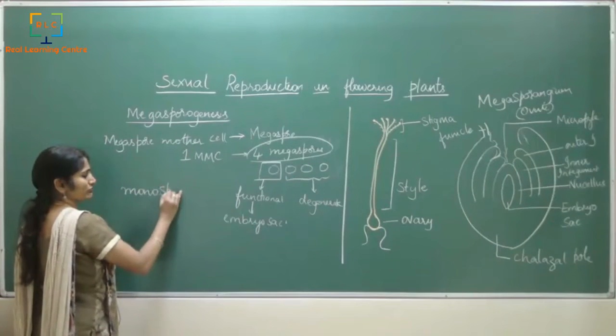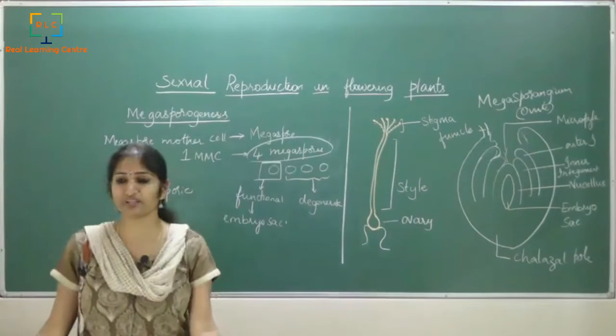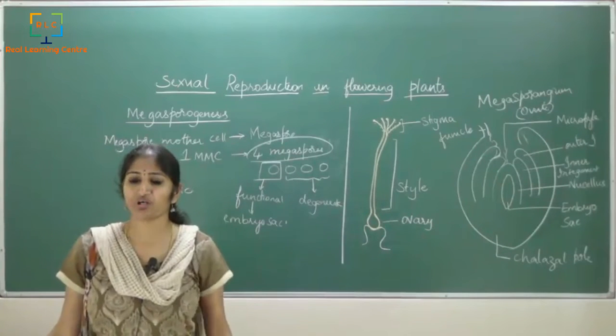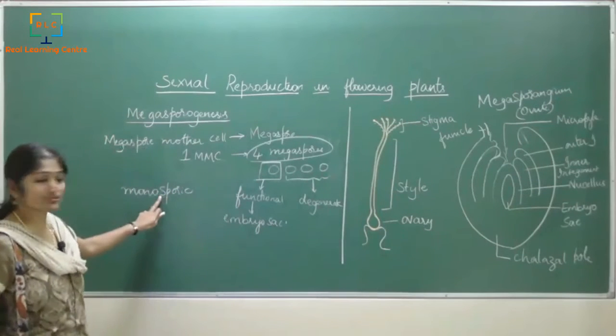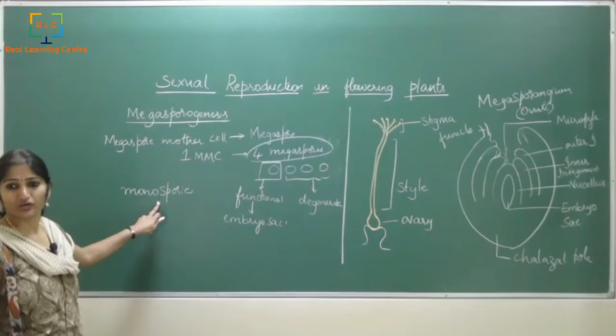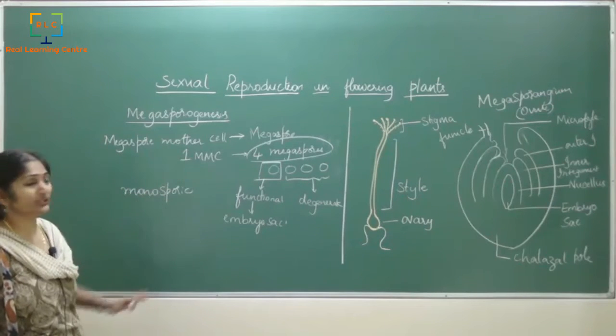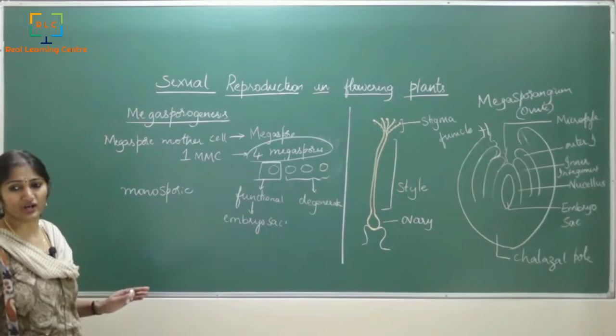Mono, because there is only one cell behaving like a spore. This one is monosporic and will always be haploid in nature. This is how megasporogenesis is formed. I hope you do not have any doubts with this.